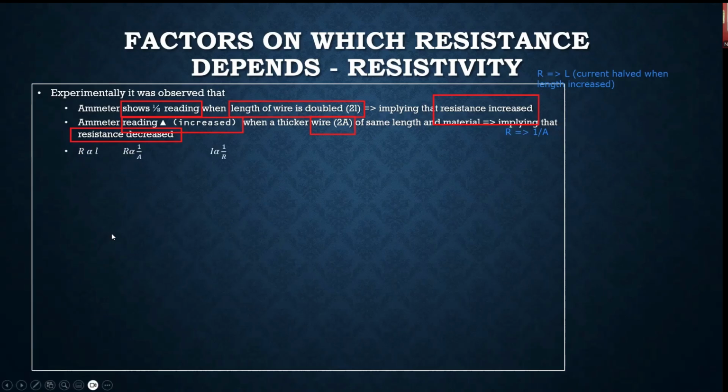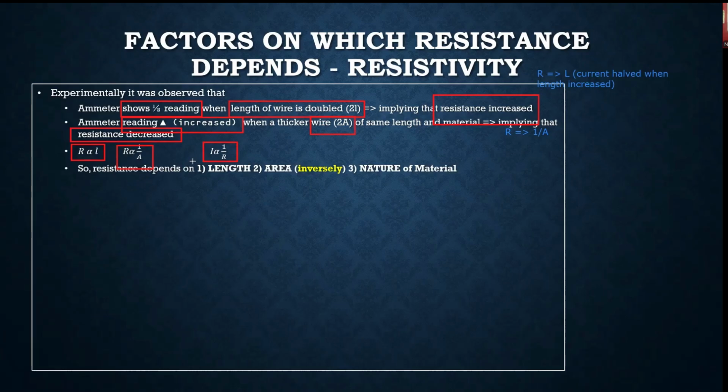So from here we get to know that R, that is resistance, is directly proportional to the length. Resistance is inversely proportional to the cross sectional area, and this we already know. Current is inversely proportional to the resistance. So with this we can conclude that resistance depends on length, inversely depends on area, and the nature of the material.